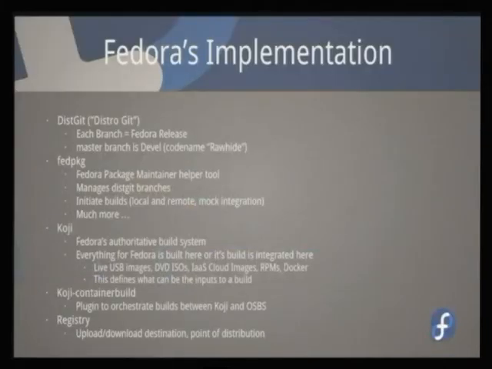Koji is Fedora's authoritative build system. Everything that we would potentially need to know is in Koji. And why that's an interesting point is because if at any point in time we want to just blow away the entire OSBS system, we can, because we have one-touch deployment in the Ansible playbooks inside the Fedora infrastructure.